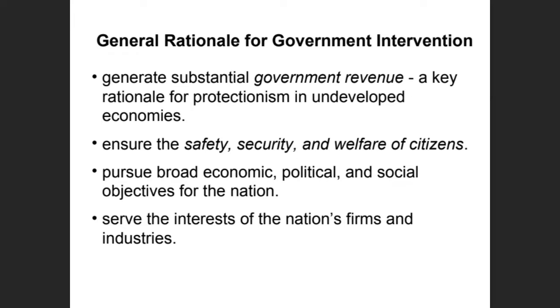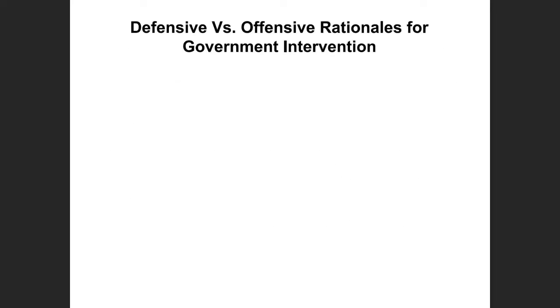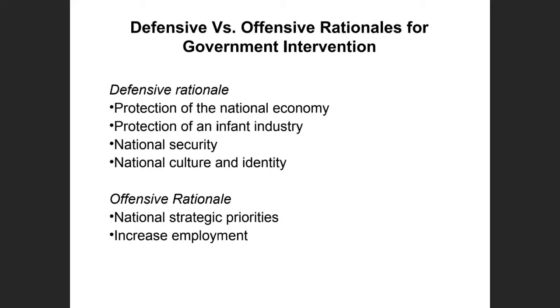I think we also covered some of the points for the defensive or offensive rationales. Protection of a nation's economy we already discussed. For example, India imposed trade barriers to shield its huge agricultural sector that employs millions of Indian people. Protection of an infant industry we discussed before.